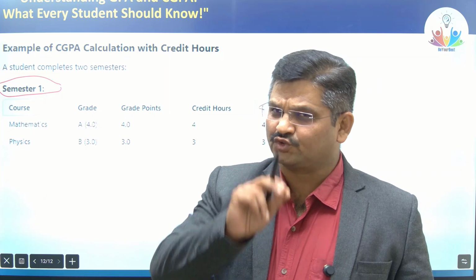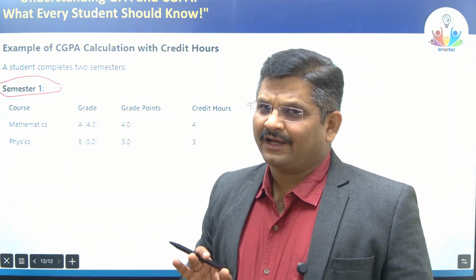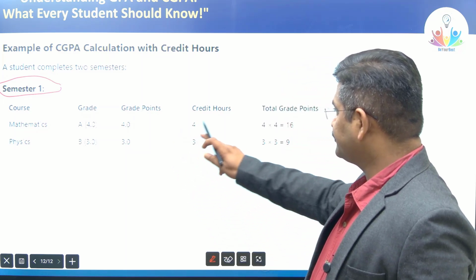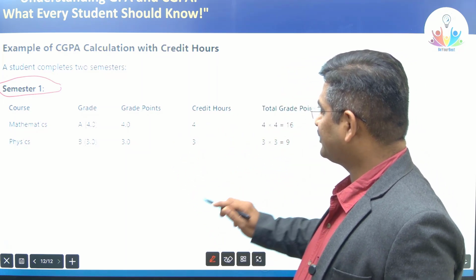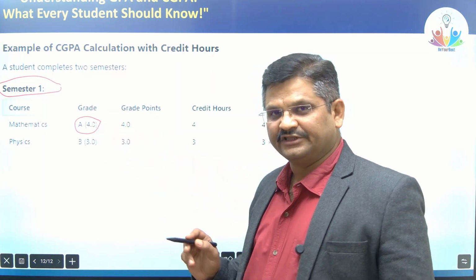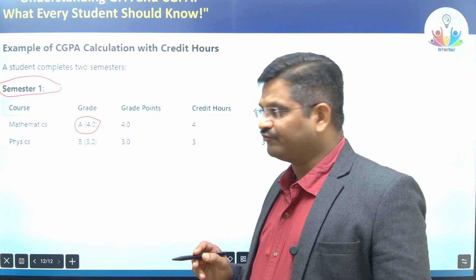Imagine she has only 2 semesters just for the understanding purpose, and in semester 1, this is her score. In mathematics, she got grade A, equivalent to 4 on the grade scale of 4.